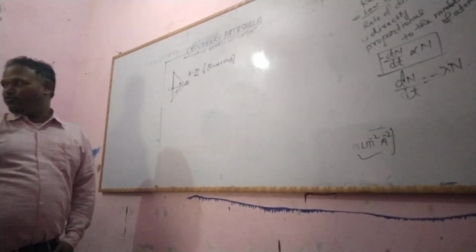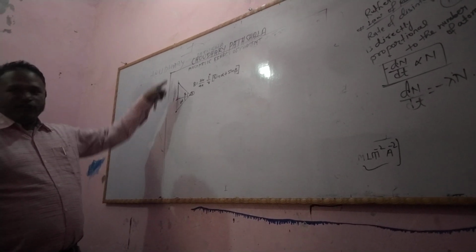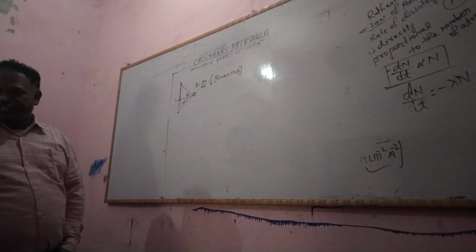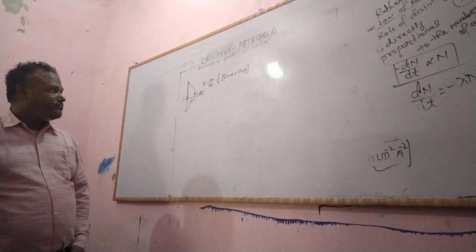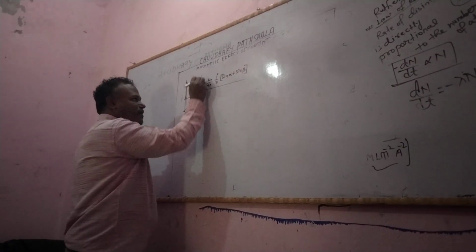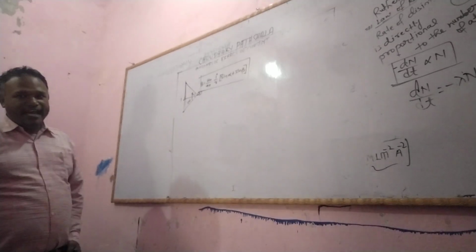Very symmetric formula, and you should remember it. The magnetic field due to a straight wire is given by B is equals to mu naught upon 4 pi I upon R sin alpha plus sin beta.